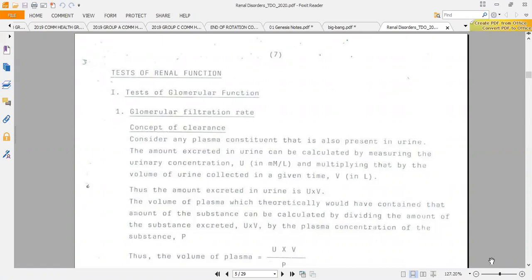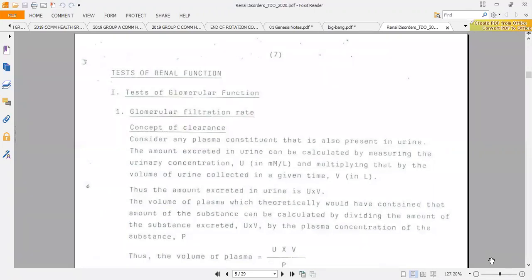So if you want to find out whether a nephron is effectively functioning, we have to look at the glomerulus function as well as the function of the tubules. So we are going to look at the function. How do we know whether the glomerulus is working very well? And how do you know whether the tubules are working very well?